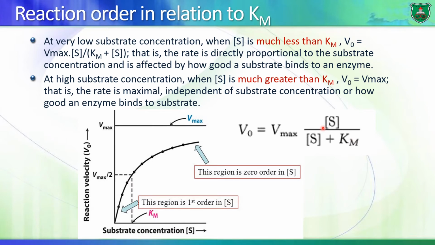So at very high substrate concentration, it depends on how well the enzyme converts a substrate to a product, because now the limiting factor is not having the enzyme find a substrate. The substrate is always there, and almost all enzyme molecules are bound to a substrate, and so it depends on how well it converts this substrate to a product.